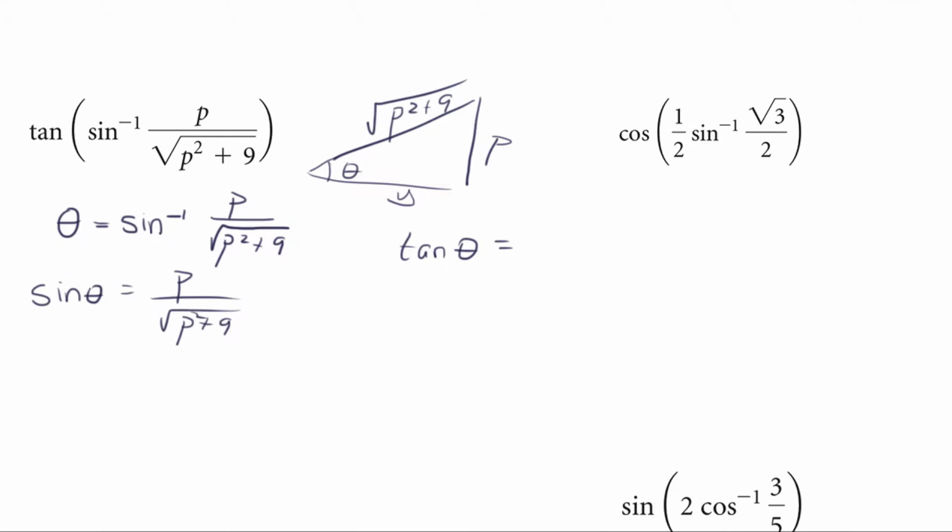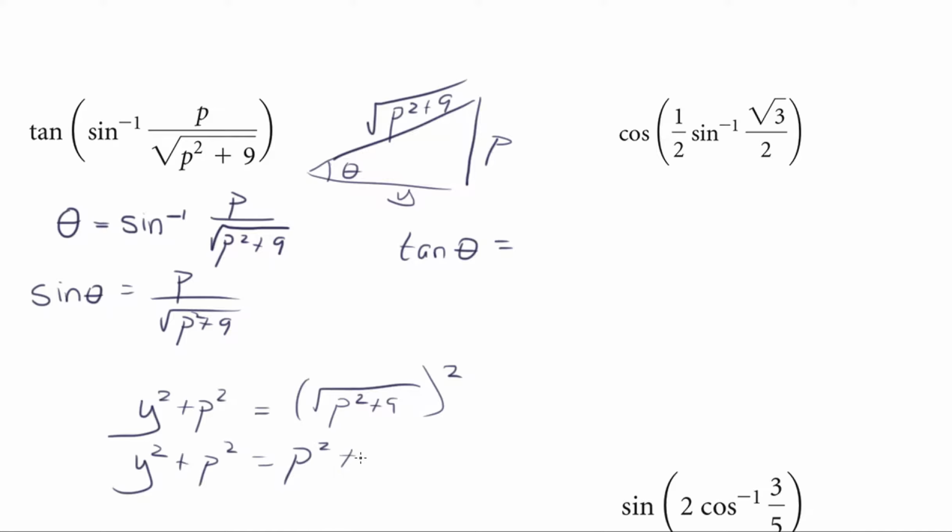So we use Pythagoras once again. So it's going to be y squared plus p squared equals the radical of p squared plus 9, squared. Okay. And now we get y squared plus p squared equals, well, the square root squared will get rid of the square root, so p squared plus 9.